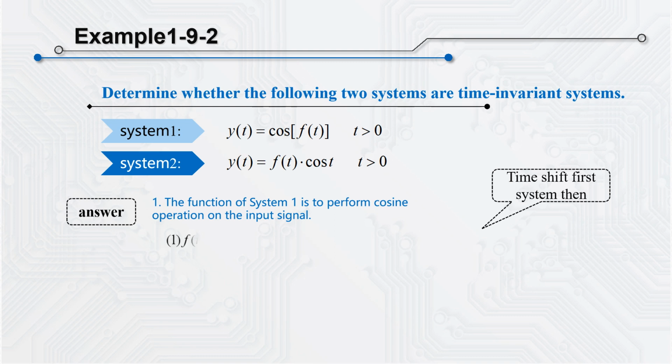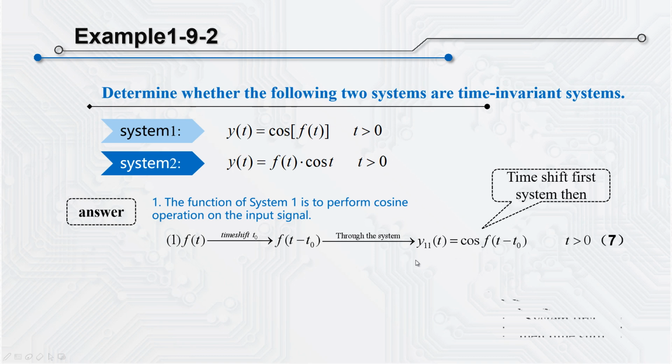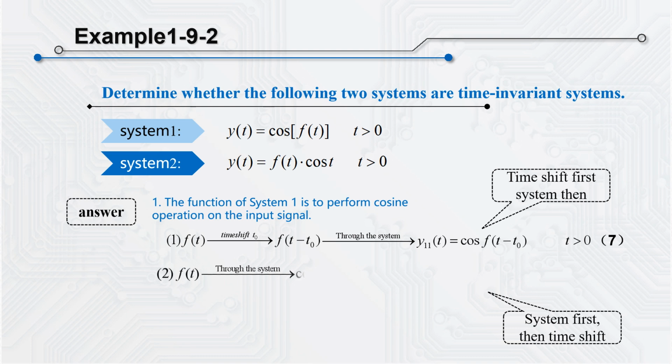If signal f(t) is time shifted by t0 units and enters the system, we can get output y11(t), as shown in formula 7. According to the rule of system operation first and then time shift, if f(t) enters the system and produces output cos f(t), then cos f(t) is shifted by t0 units.